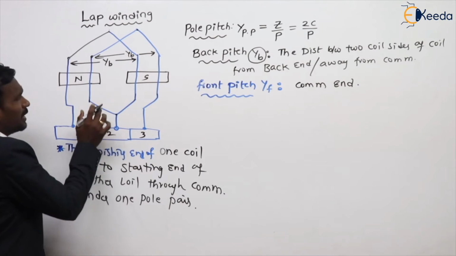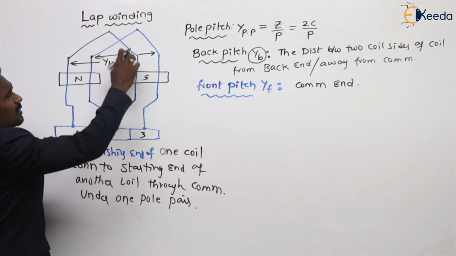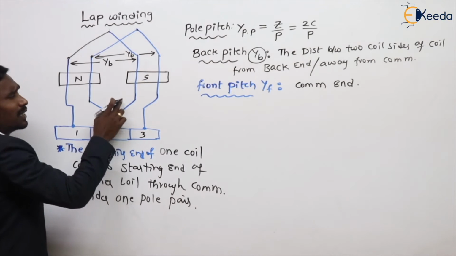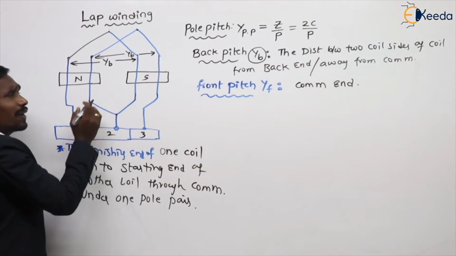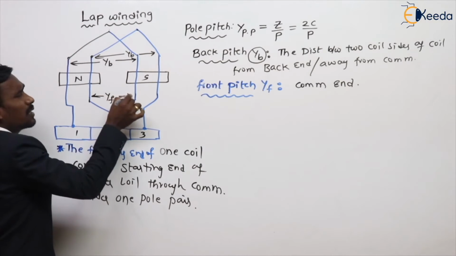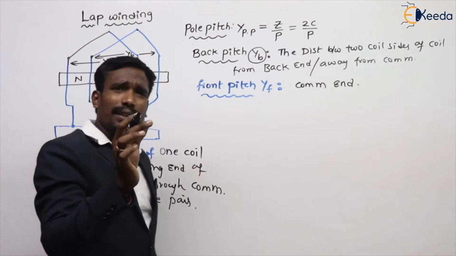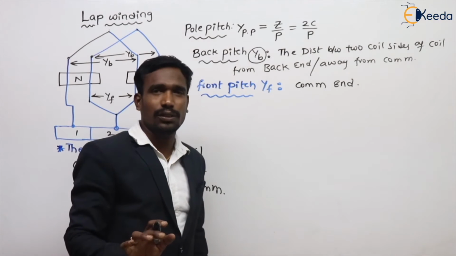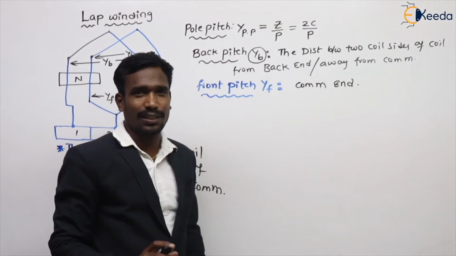See here, this is the coil which is connected to the commutator, so from the front side this is called front pitch, and I will give you clarity by taking an example. Don't confuse here.